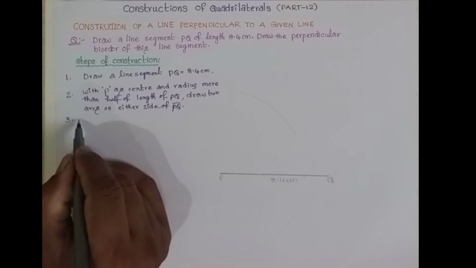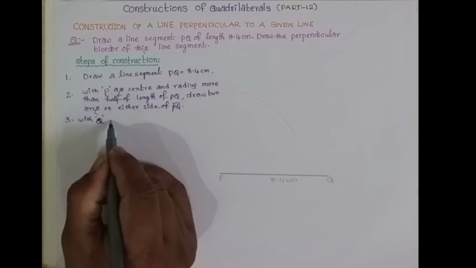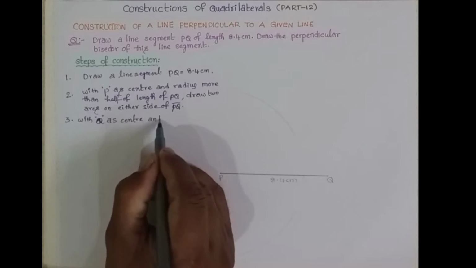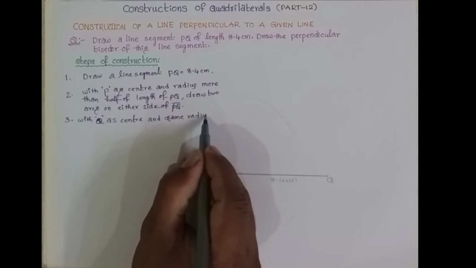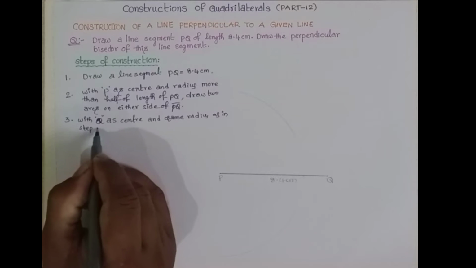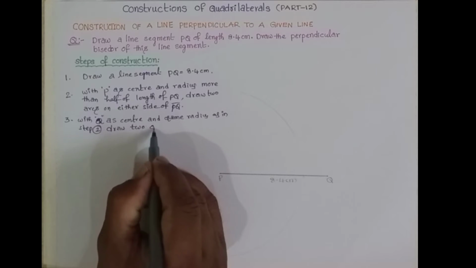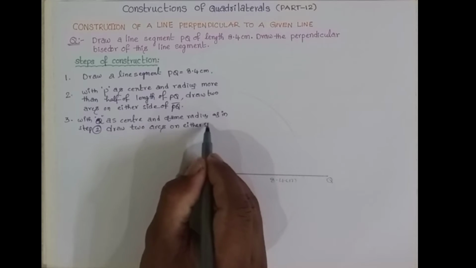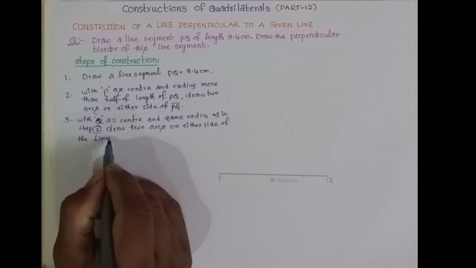Third step of construction. With Q as center and the same radius as in step 2, draw two arcs on either side of the line segment PQ.